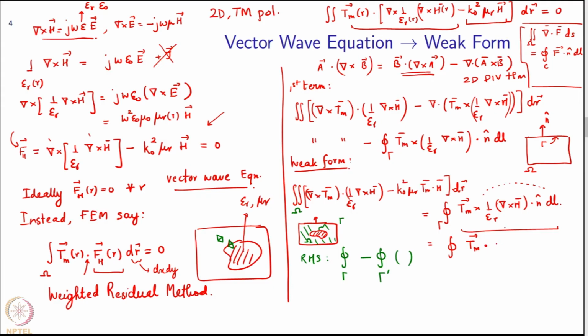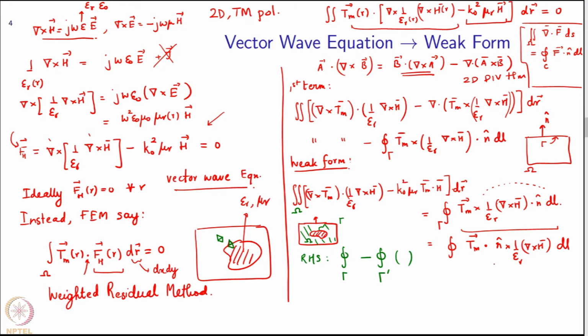Two minus signs and I get the same expression. It would have first become minus Tm dot 1 by epsilon r curl of H cross n, and A cross B is minus B cross A. So the n comes to the middle.